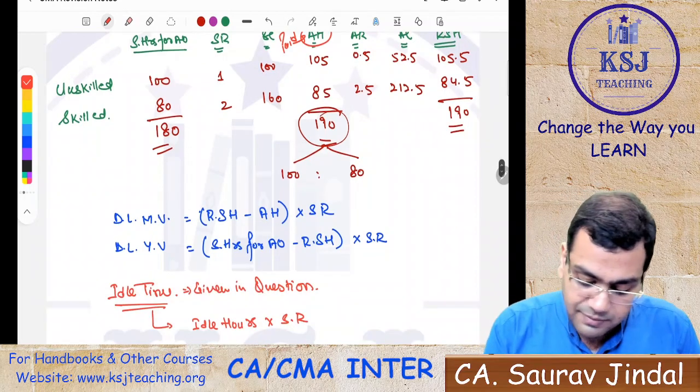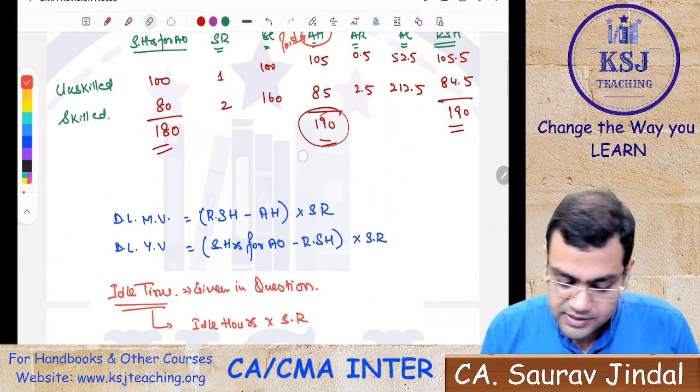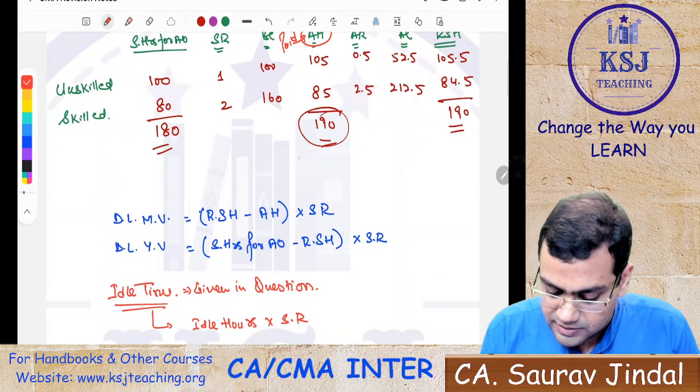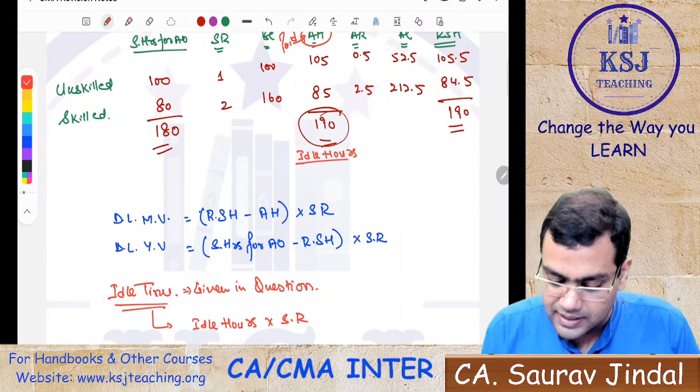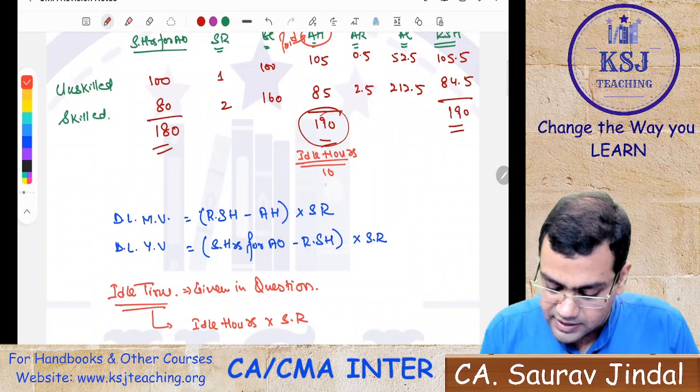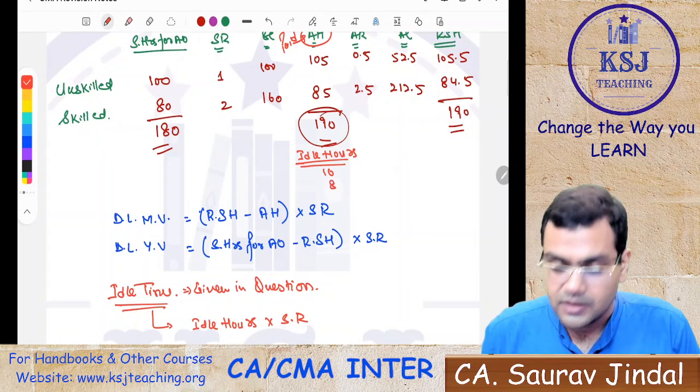If the idle time is given to you, how you have to treat it, listen very carefully. If the idle time is given, you will take idle hours for both unskilled and skilled. Let's say for unskilled it is 10 hours and for skilled it is 8 hours, right?